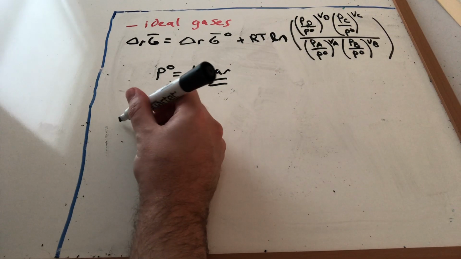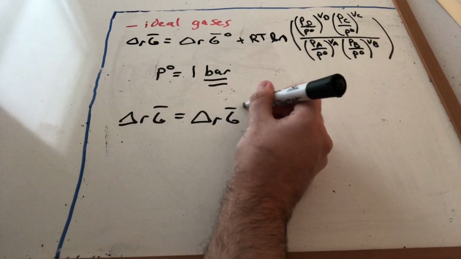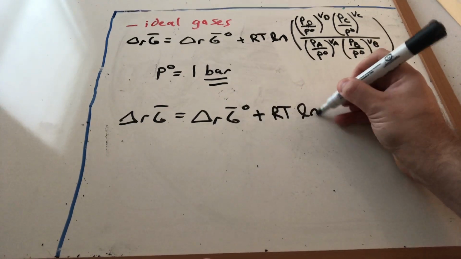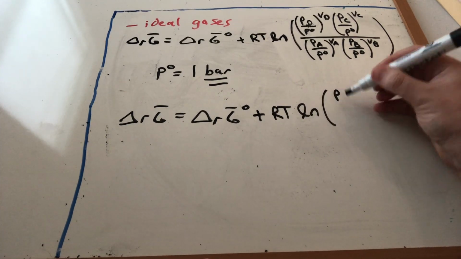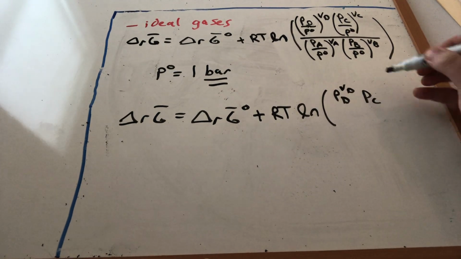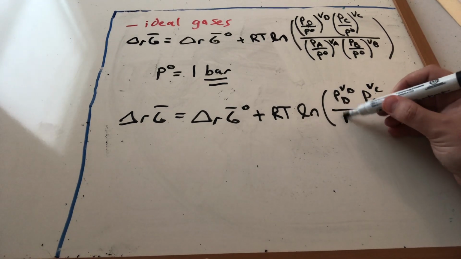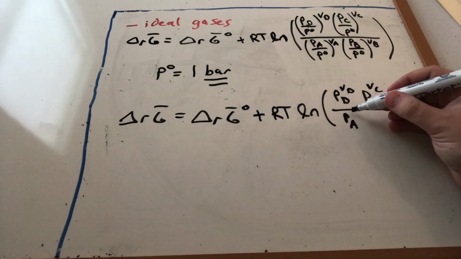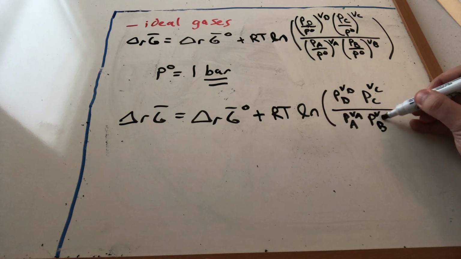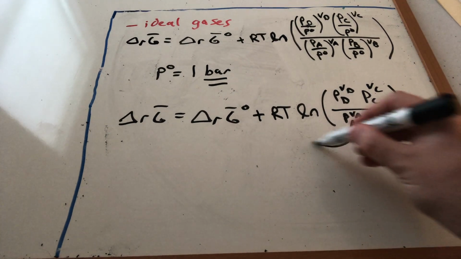And so we get delta reaction G is delta reaction G naught, remembering that the pressures are in bars, plus RT, the natural log of product pressure raised to its stoichiometric coefficient, times product pressure raised to its stoichiometric coefficient, divided by reactant pressure raised to its stoichiometric coefficient, times reactant pressure raised to its stoichiometric coefficient.